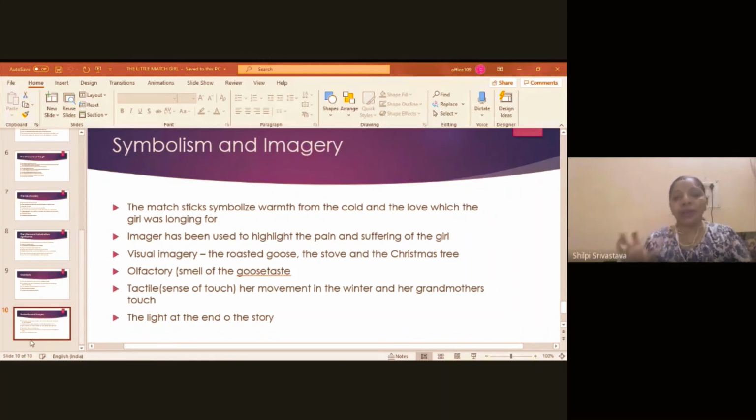Imagery has been used to highlight the pain and the suffering of the girl. Her tattered clothes, her head without a scarf, her loose shoes, and the snowing, the wind, the dark evening. All this is a setting which is highlighting the pain and suffering of the girl. So, this is the visual imagery: the roasted goose, the stove, and the Christmas tree.